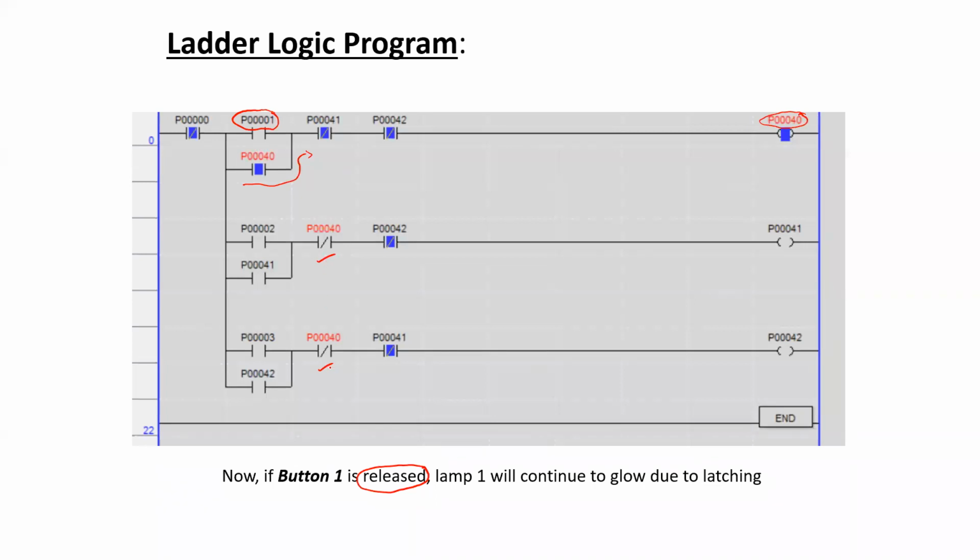As these contacts have become normally open, this portion of the line is now an open circuit. So even if participant 2 or participant 3 presses their button, there is not going to be any continuous path for these output ports P41 and P42.